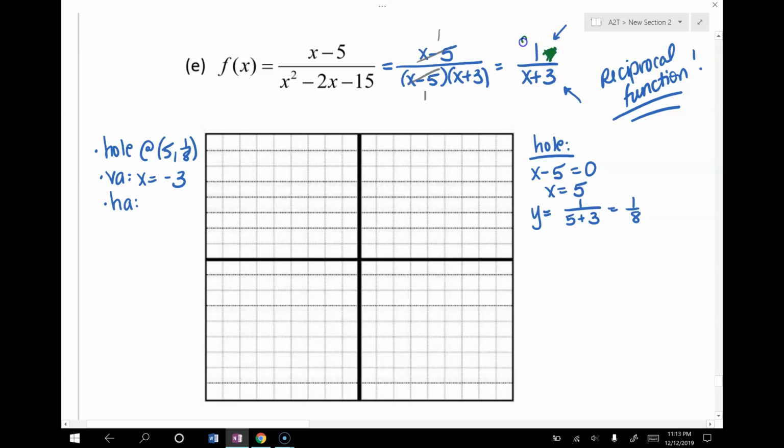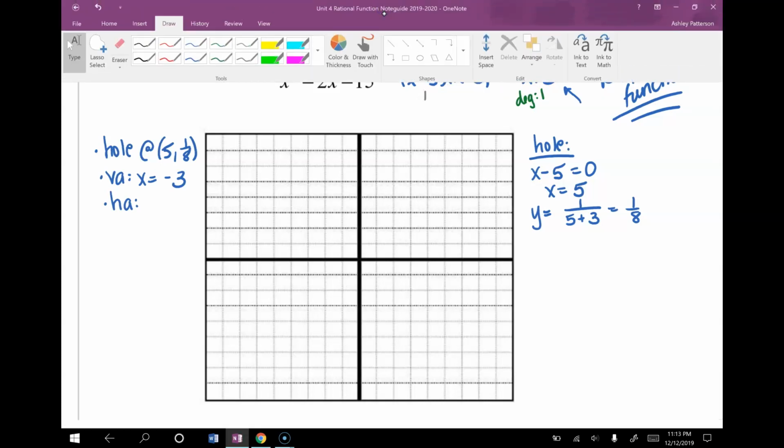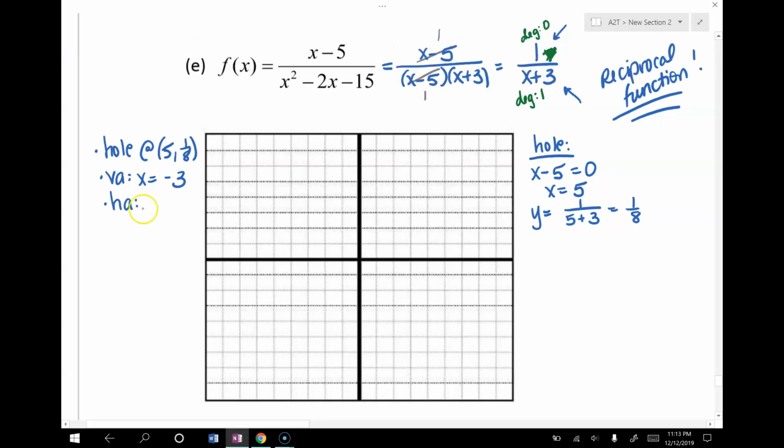So the degree of the numerator is 0. The degree of the denominator is 1. The numerator's degree is smaller than that of the denominator. So y is 0. But we also have plus 0 on the outside. It's the k value. See how it all comes together? Pretty fantastic. Okay, so there's no oblique.